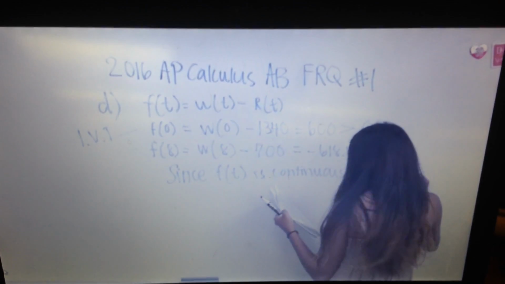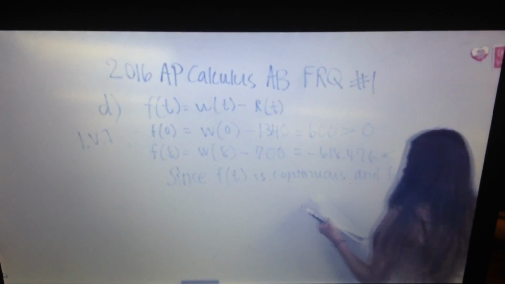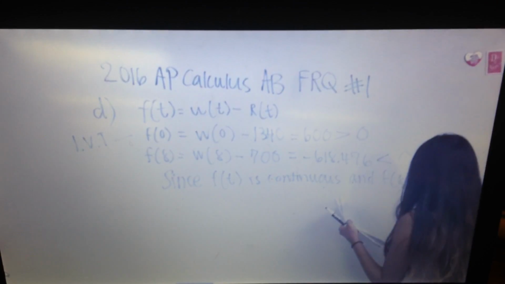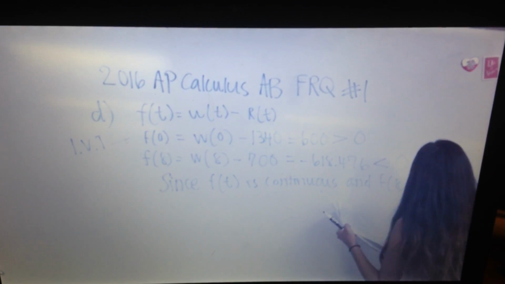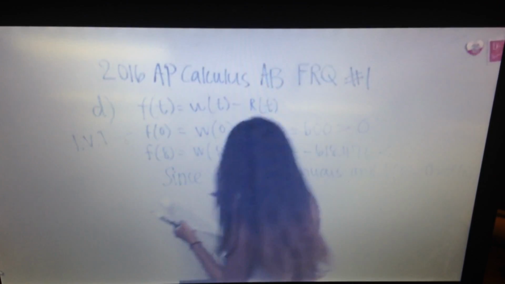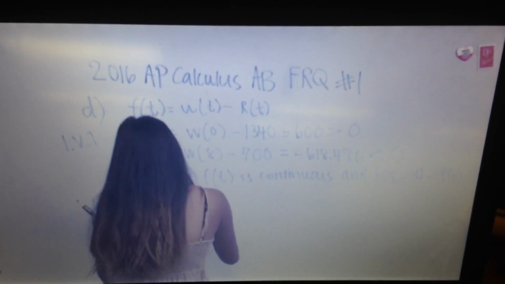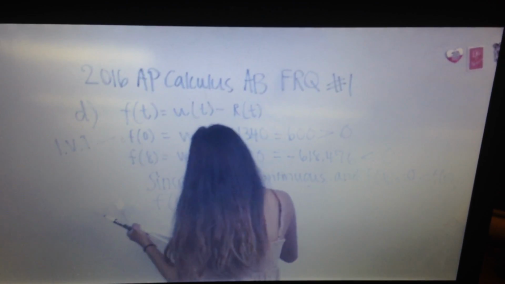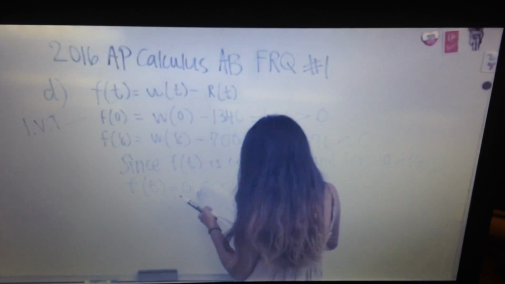Since f of t is continuous, f of 8 is less than 0 which is less than f of 0. This means that f of t must equal 0 for some t between 0 and 8 by the intermediate value theorem.